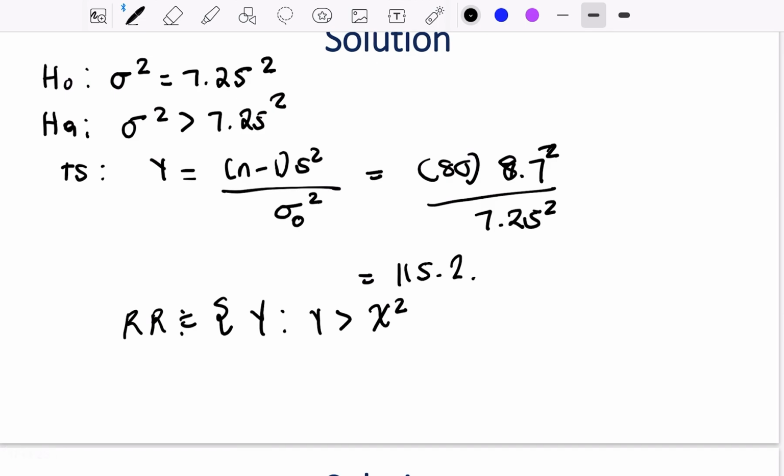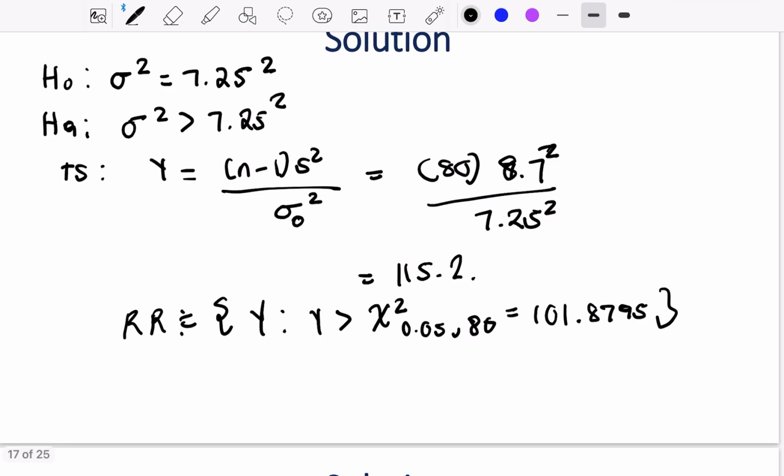Okay, so it'll be, because it's upper, 0.05 and 80, okay? And this is approximately equal to 101.8795. So if you go to your tables, you will see that actually this value is not tabulated.